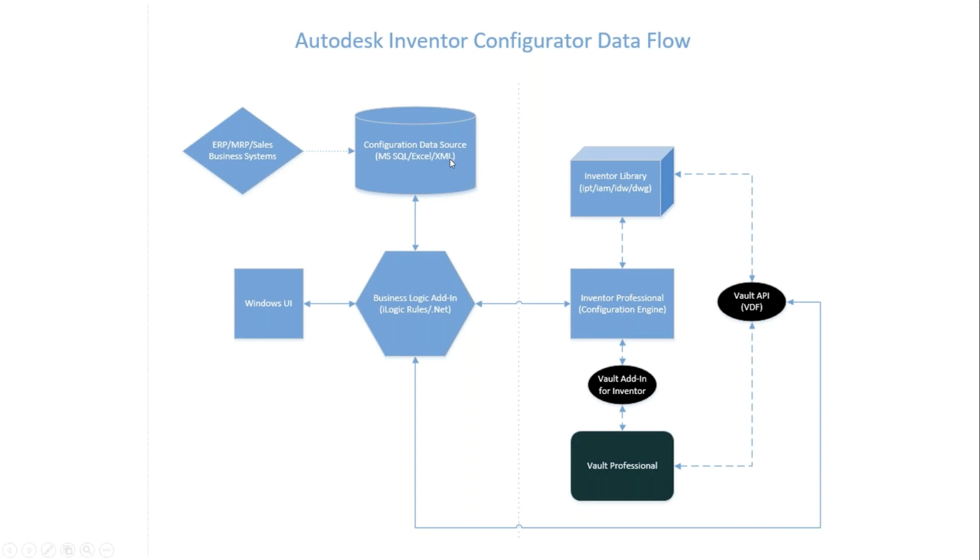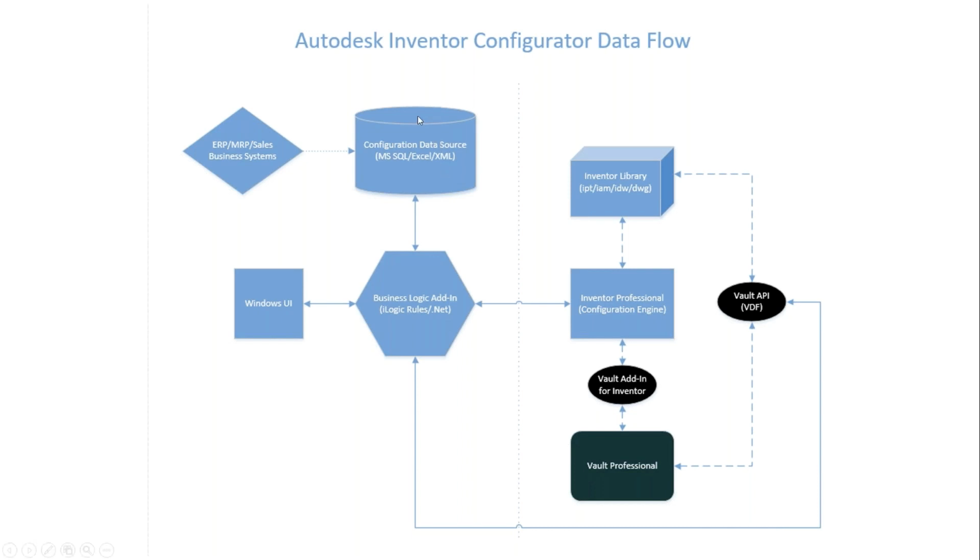Another aspect is a data source. Now, a data source can take shape of a SQL server, an Access database, an Excel spreadsheet, a text file, or an XML file. Basically, it's a location where we can store very specific information unique to particular configurations that we want to either write to or read from at particular times through the process.